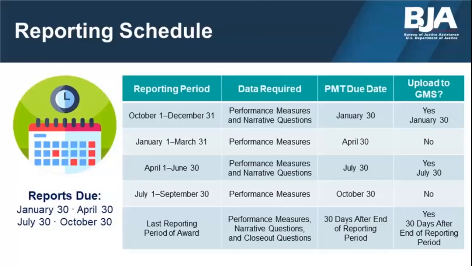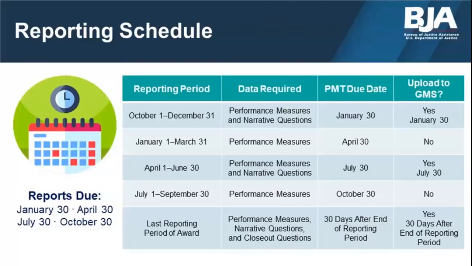The second column from the left here shows the type of data that you'll be reporting each reporting period. For every reporting period, you'll report on short answer performance measures, which require just multiple choice or numerical answers.